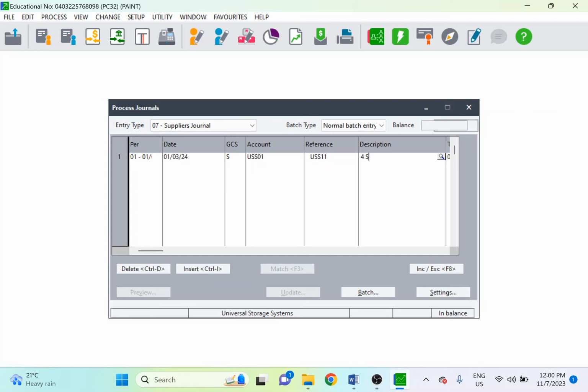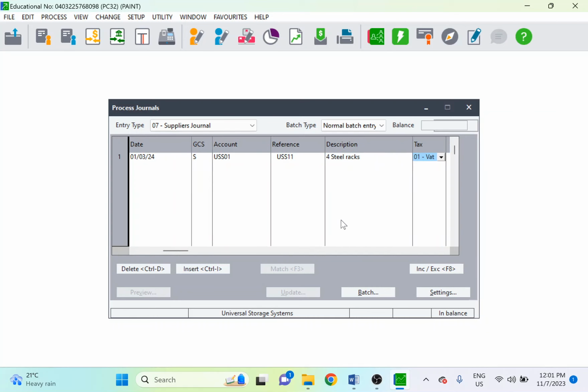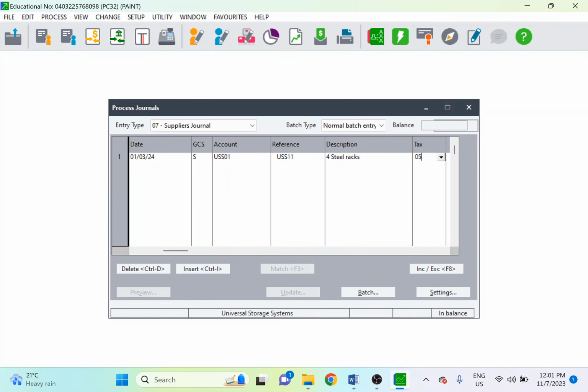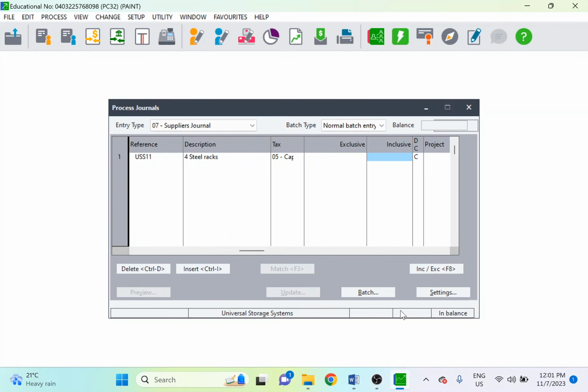Under description, what are we buying? 4 steel racks. Remember, under description, you also need to specify the quantity. Now, since this is an office equipment, it's also mentioned inside brackets, it's office equipment. So under text type, we're going to use 05 capital goods for all our assets.